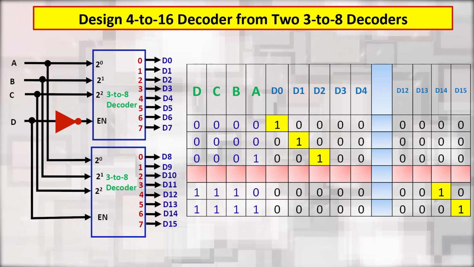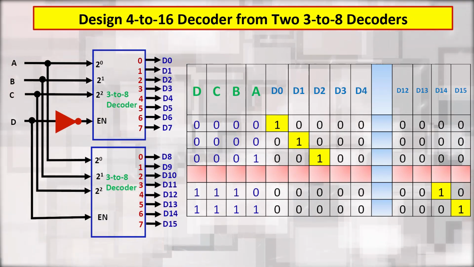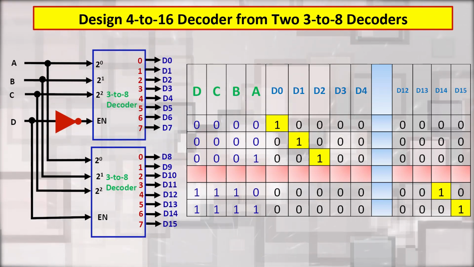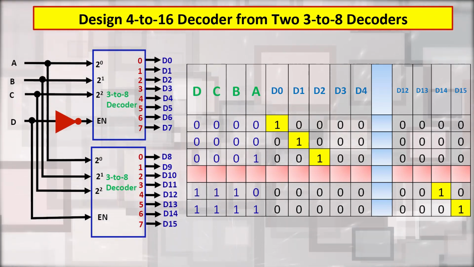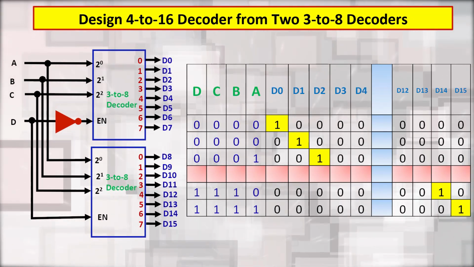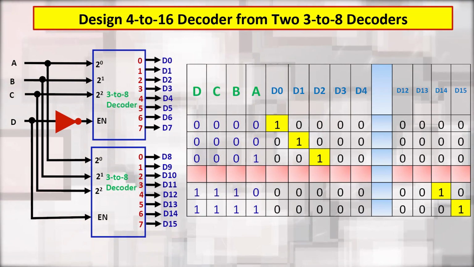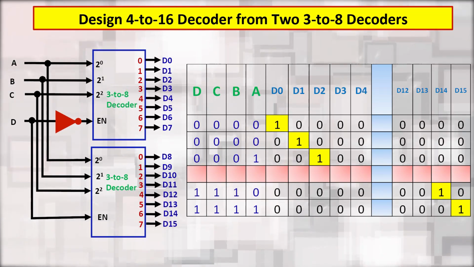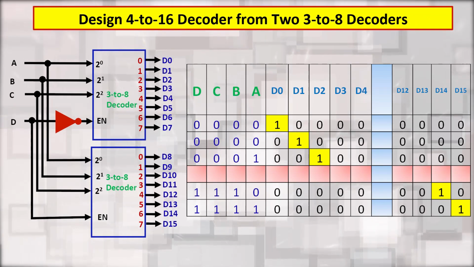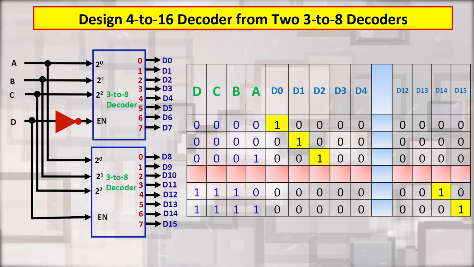Suppose we have input where D is 0 and all A, B, C are at logic 1. So, in this case again the first 3 to 8 decoder will be activated and output pin D7 will be at logic high.